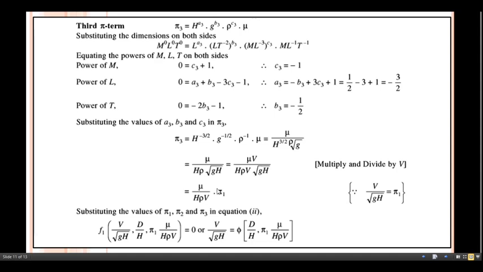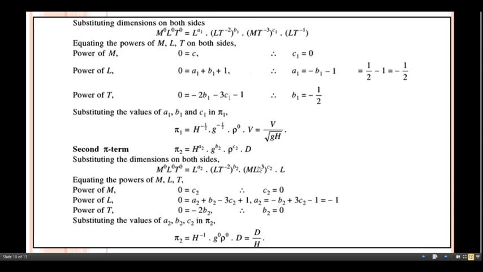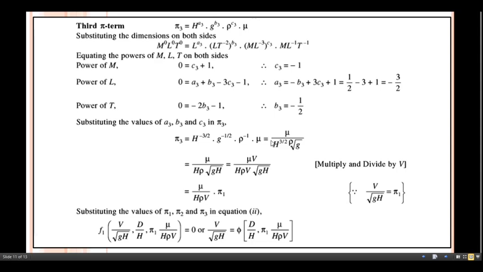What is the meaning of this term? Mu divided by rho h v remains as it is, and v divided by the square root of g into h is nothing but pi1. Let's see the value of pi1: v divided by the square root of g into h.